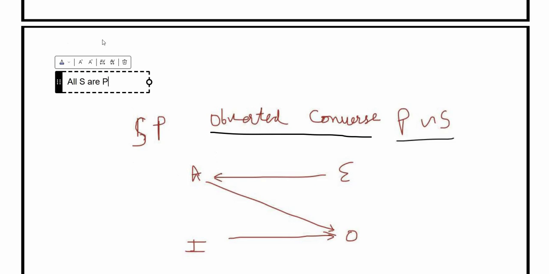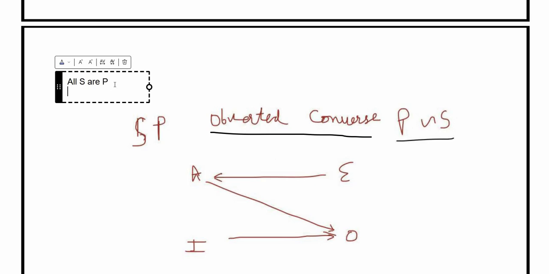This is one statement. Now we have to do obverted converse. Normally we would first do a converse and then do obverse, right? So here we know that this is an A proposition. An A proposition directly converts to the O proposition, and the predicate and the subject are interchanged, with the subject becoming the complement.